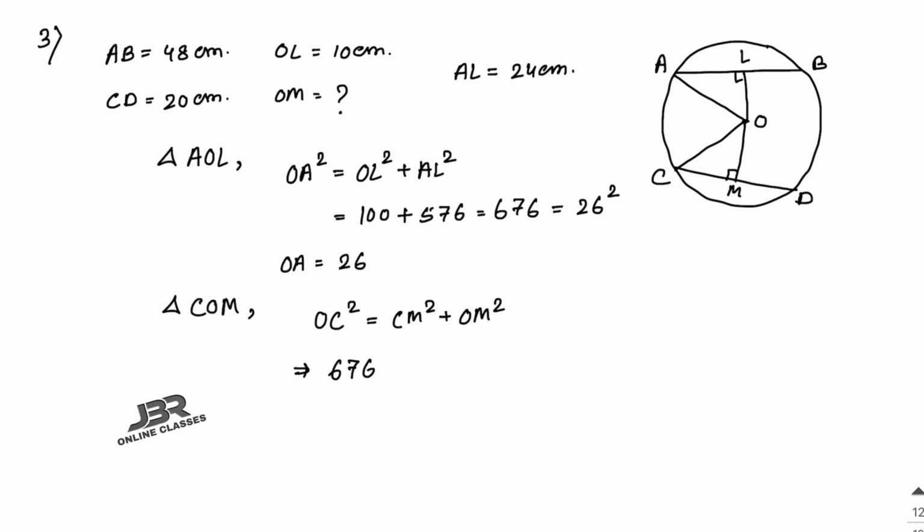As CD equal to 20, CM will be half of CD, that means 10 square, which is 100, and that is equal to OM square. So OM equal to the square root of 576, which is 24. So OM equal to 24 centimeter. That is your answer.